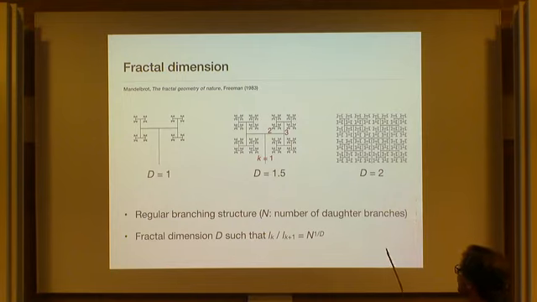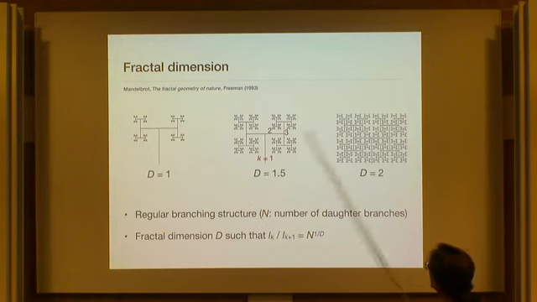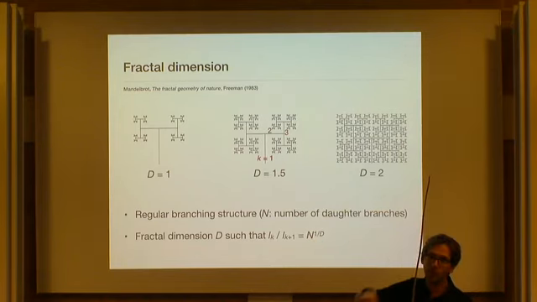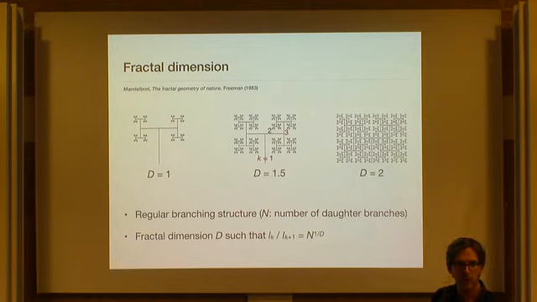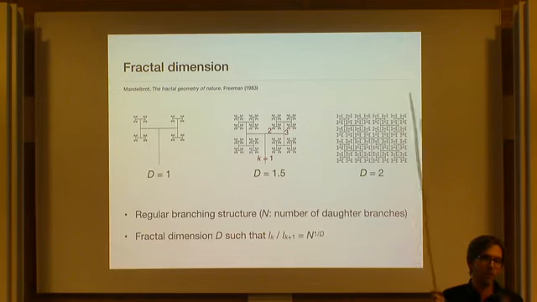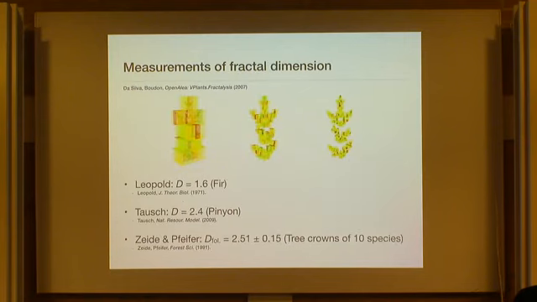Yeah, there's only one. So that's 2. There's a factor of 2 here, and here is a factor of square root of 2. N is 2. N is the number of daughters for each mother branch. Yeah, because here it's 2, but for each branch there could be 3, 4, 5 ramifications. N is this number. Okay.